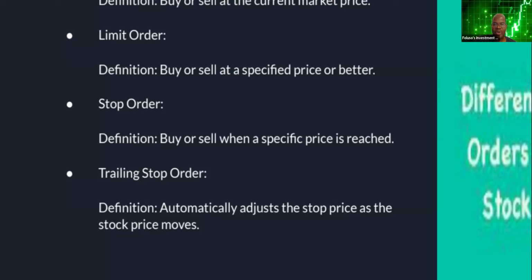So a stop order is like telling your broker, when it reaches this point, I want to be out of that stock or out of that company. Then there is a trailing stop order. Let's say you buy a stock for $40. You're not sure if it's going to go up or down, but you don't want to lose a lot.